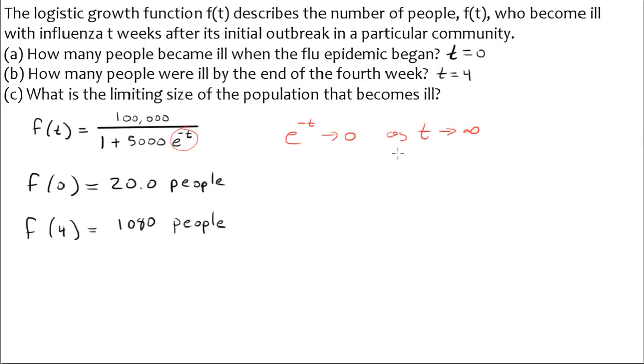So this is going to go to 0, which means what we'll end up with is this function going to 100,000 over 1 plus 5,000 times 0. Well, that's 0. 100,000. So the most people that could be sick is 100,000.